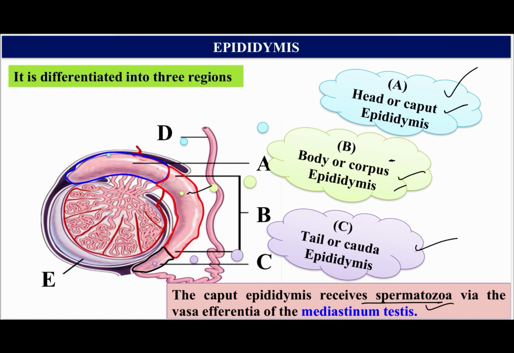So first, from the Vasa Efferentia, the epididymis gets the sperm. In particular, it is the caput epididymis or the head of the epididymis, which receives spermatozoa via the Vasa Efferentia of the mediastinum testis.